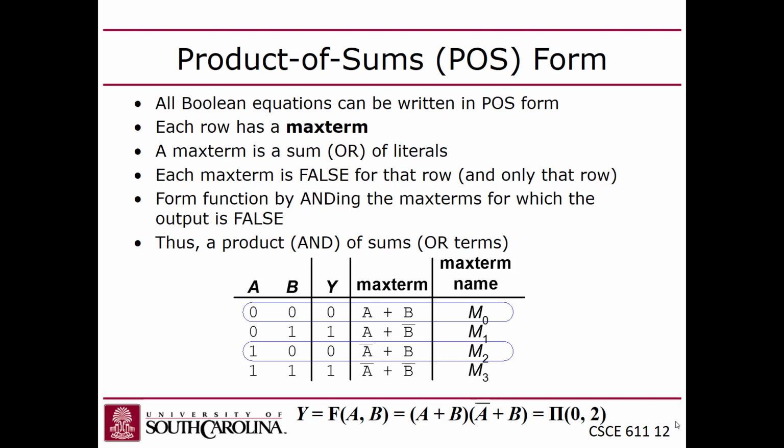So you say not A and not B originally, but then because that's the negated form of the output, you apply De Morgan's law, and De Morgan's law will convert the and to an or, and it will negate each of the literals, well, the variables, right? You with me on that?